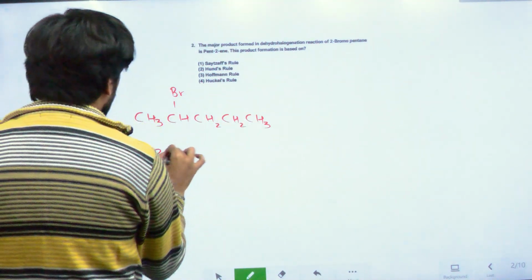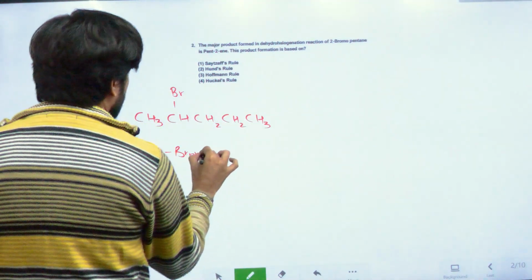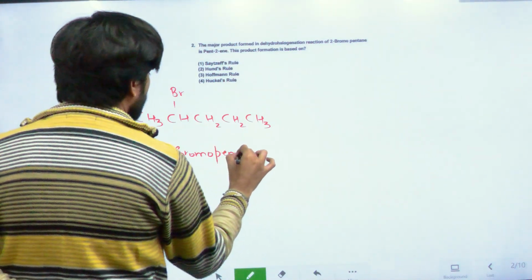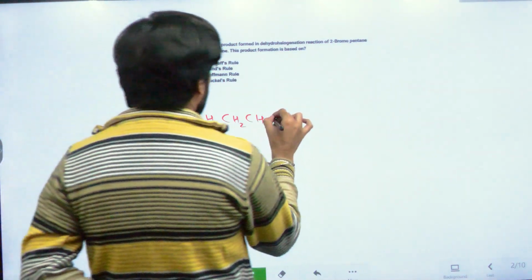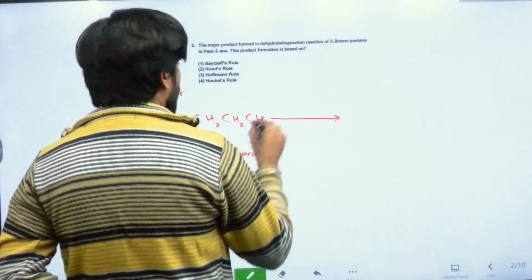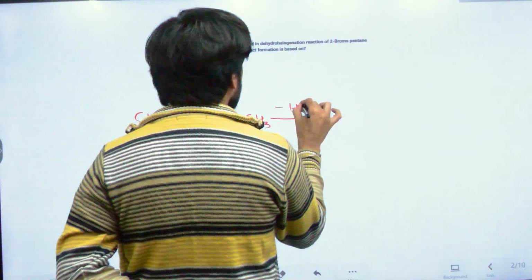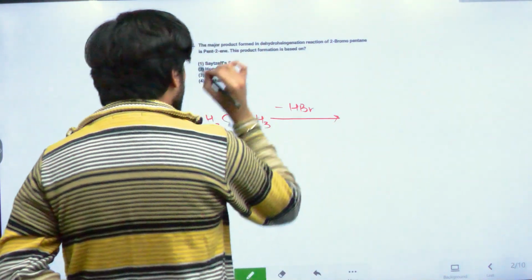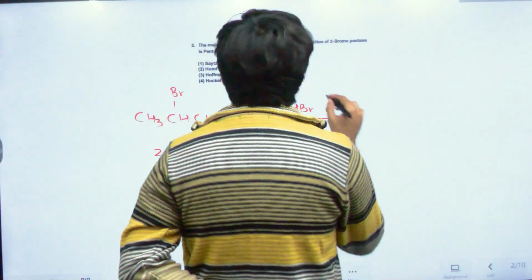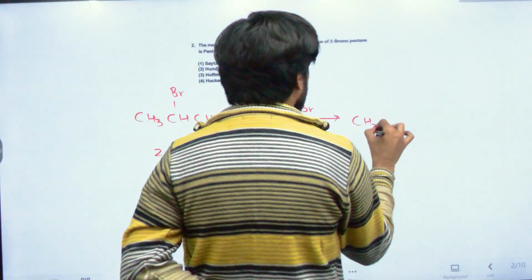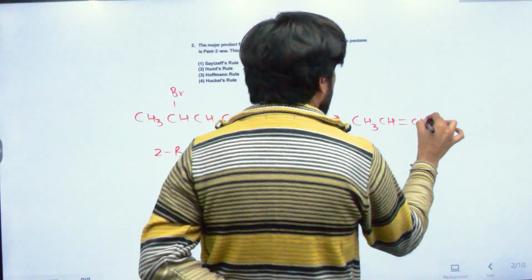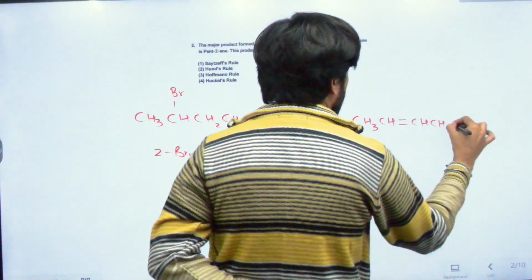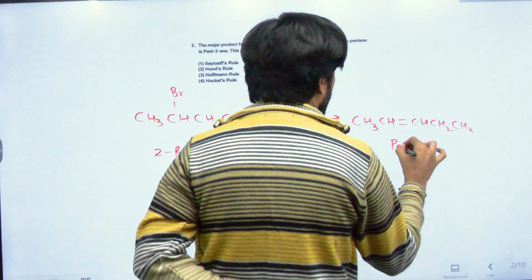So this is 2-bromopentane, and we are performing the dehydrohalogenation. Basically, we are performing the dehydrohalogenation, and what we are getting is pent-2-ene. This is pent-2-ene.